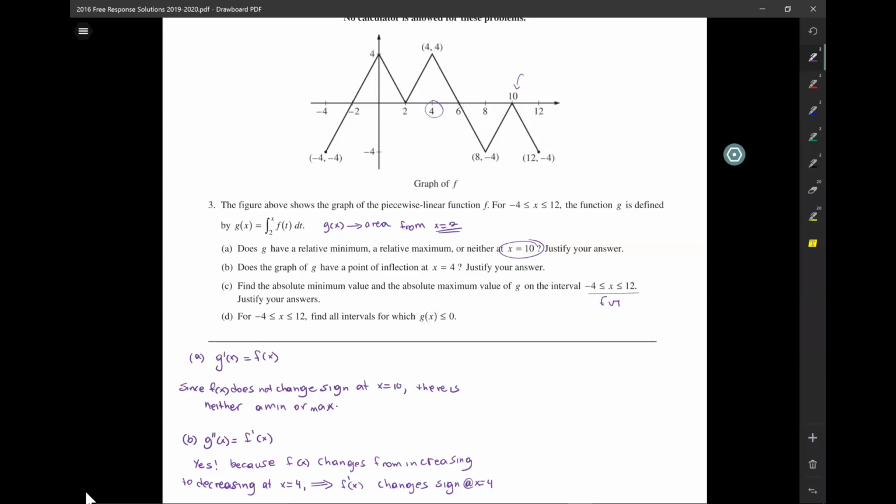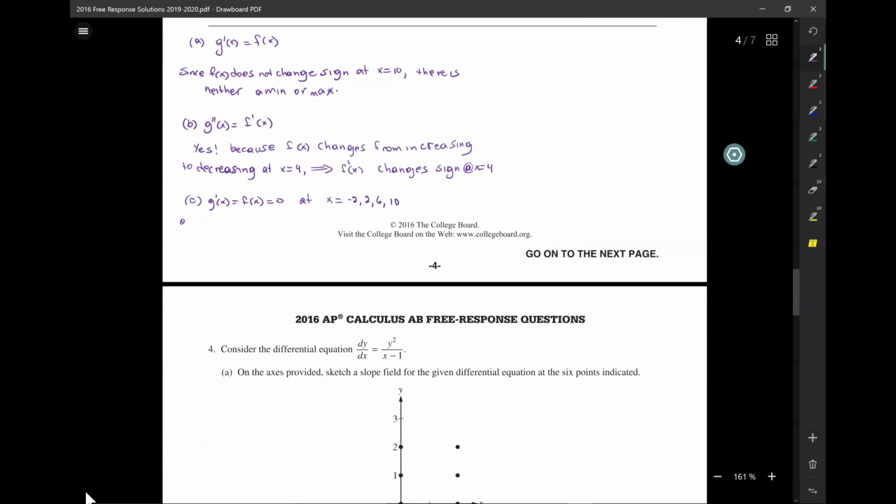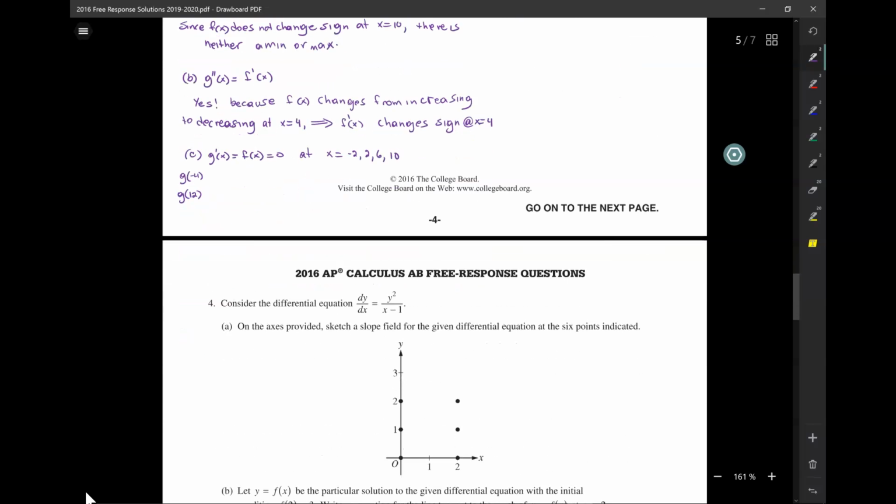So the only things we have to look for: I wanted to do the endpoints first, negative 4 and 12, and then, what did we say? Negative 2 and 6. And then g of 6, I'll write that in a minute.